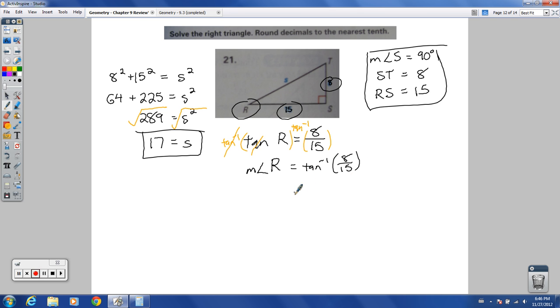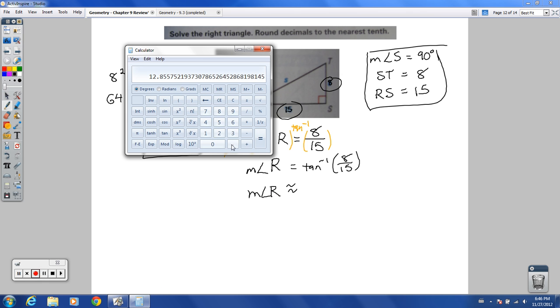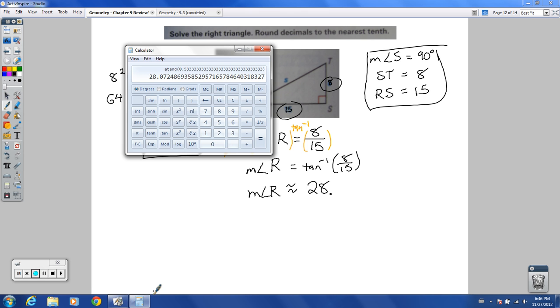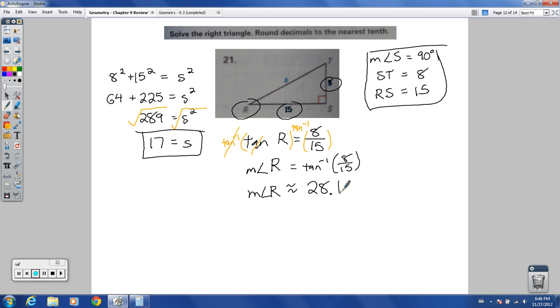Plug that into a calculator to see what you get. So let's take 8, divide it by 15, and we have the inverse tangent of that. It's 28.5 point, and I clicked off of that too quick. I think it was 28.1 rounded off. Yep, 28.1 degrees approximately rounded off.